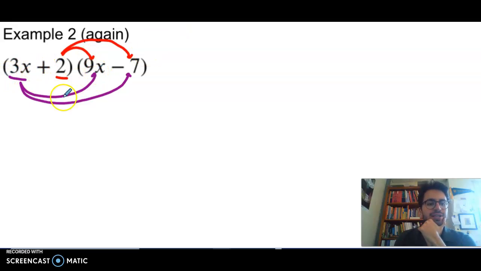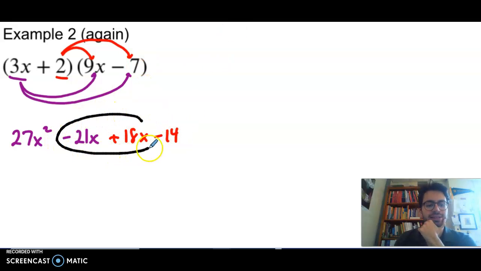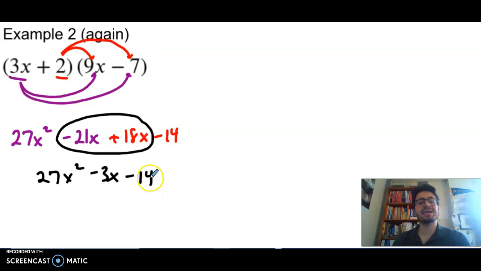So if I do 3x times 9x, that's positive 27x squared. 3x times negative 7, that's negative 21x. 2 times 9x, that's 18x. 2 times negative 7, that's minus 14. We can combine these. That's negative 3x. That's the same answer as you had before.